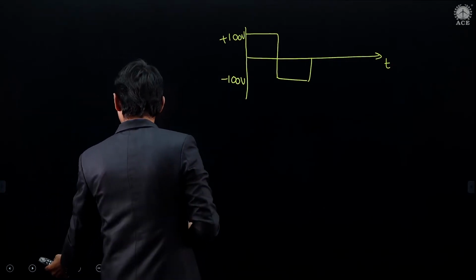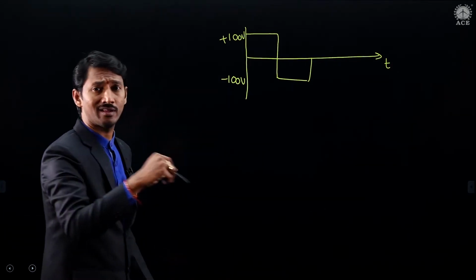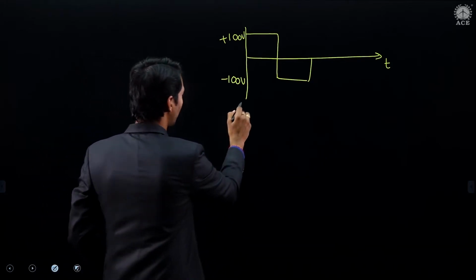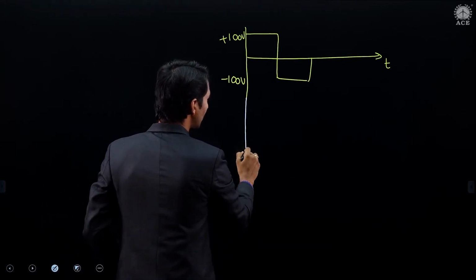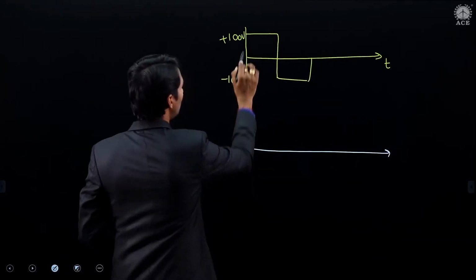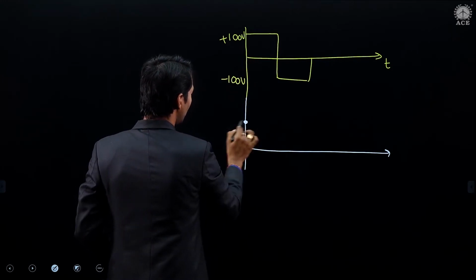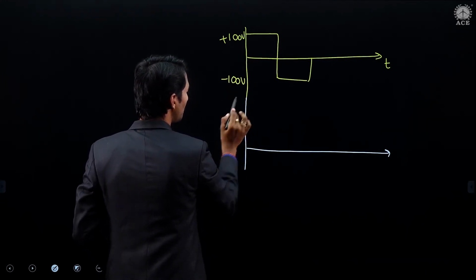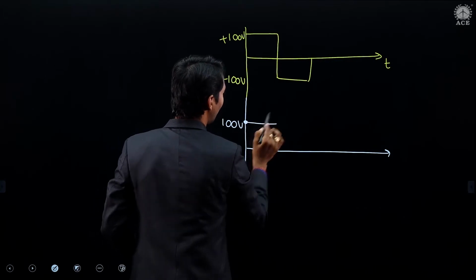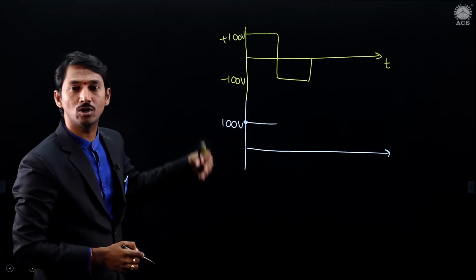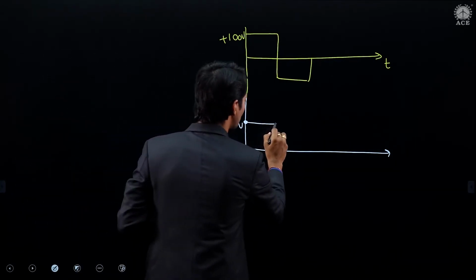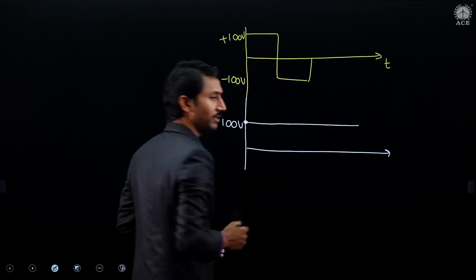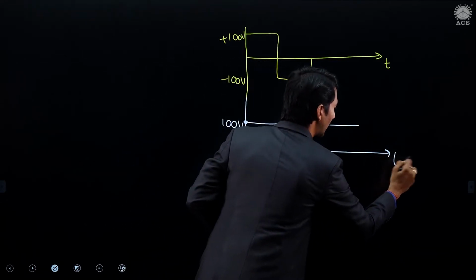So therefore, we need to draw the rectifier output value here. So what is the rectified output value? Here this is the 100 volt, for example, right? Here it will be rectified and negative is also coming towards positive side. So therefore, it will be coming like this. So this is the value.